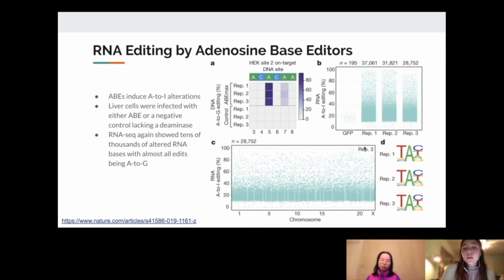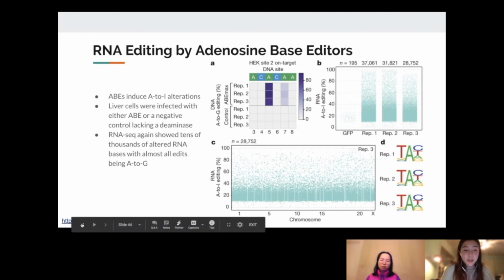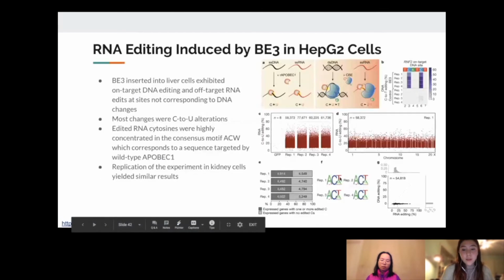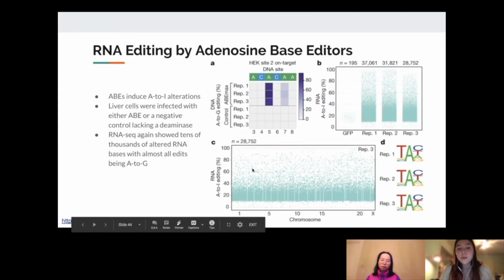And this is all a replication of what was done with the CBE editors. As we can see through here, a lot of these different diagrams were seen before. But we have similar results in that the RNA A to I editing was fairly uniform across the chromosome.